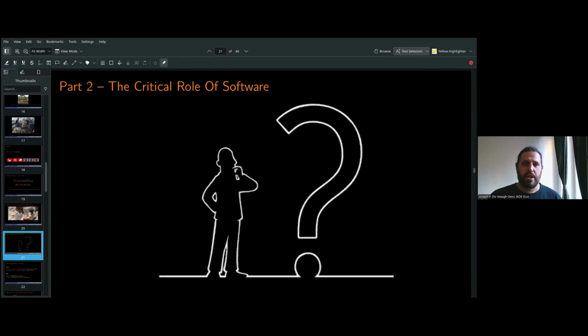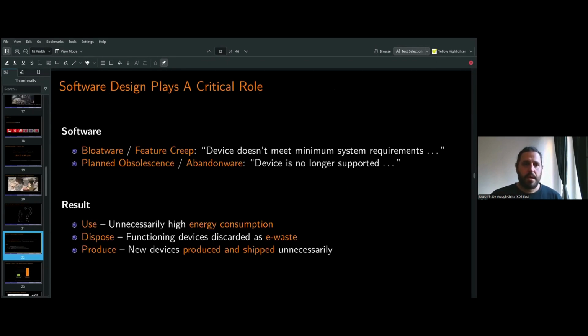Okay, so now let's talk about the critical role that software plays in this. Software design is fundamental for how long you can use a device. Software that becomes bloated or has feature creep, where new and more features are added, may then require more and more powerful devices to meet the minimum system requirements.